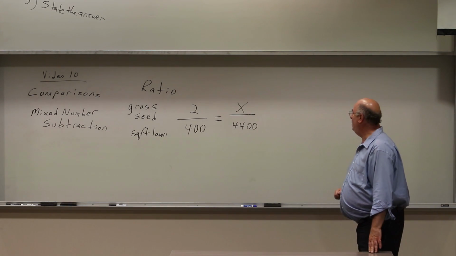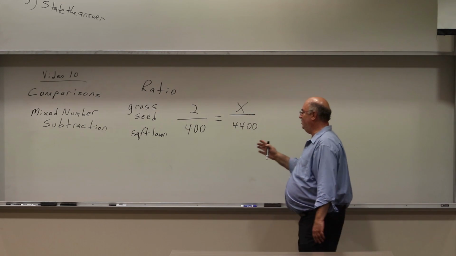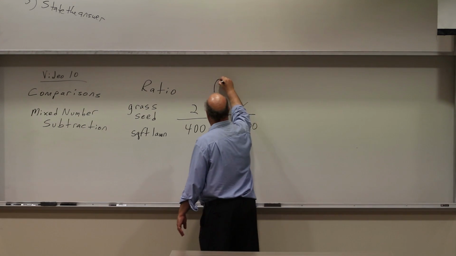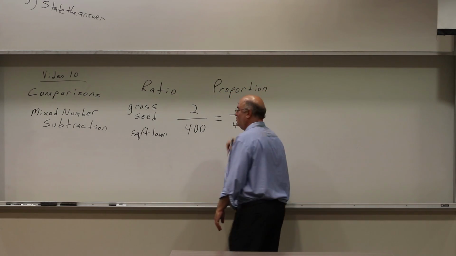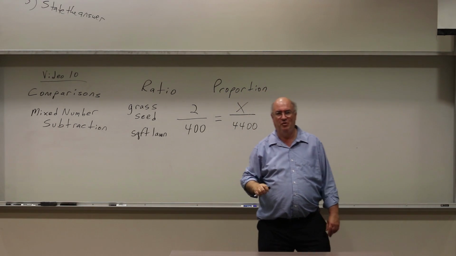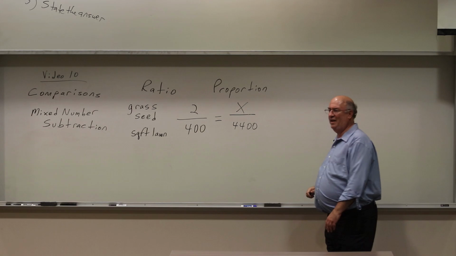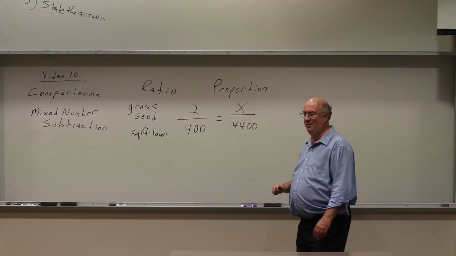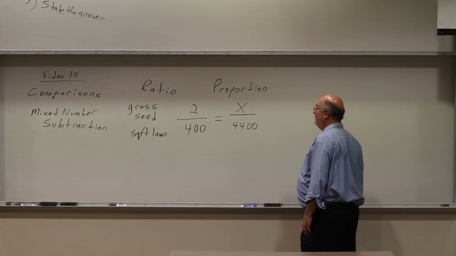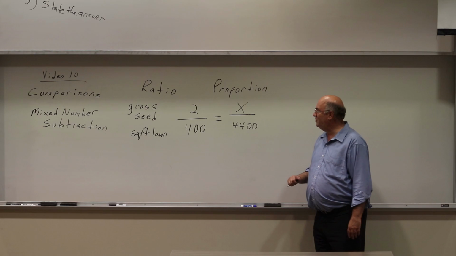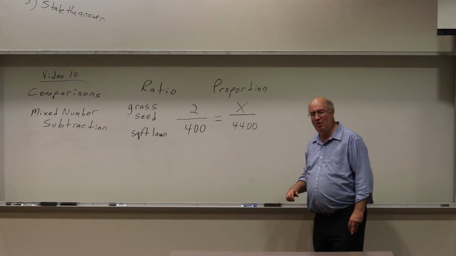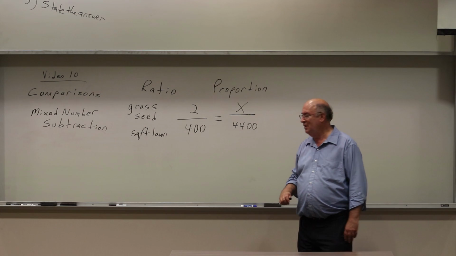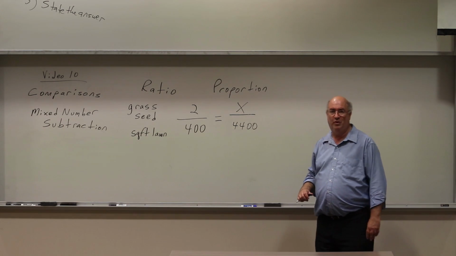And another word for comparison, where it has two ratios, it's called a proportion. You knew that was coming. It had to have a name. It's math. Everything in math has a name. So we have two pounds of grass seed to 400 square feet of lawn equals, we don't know how much grass seed to 4,400 square feet of lawn.